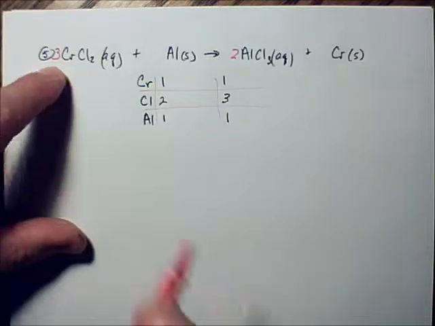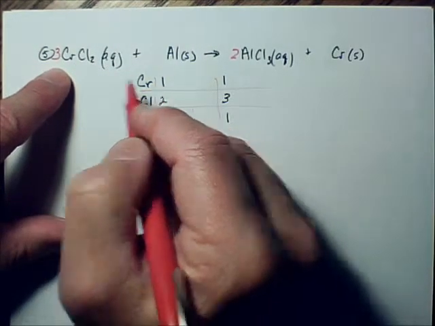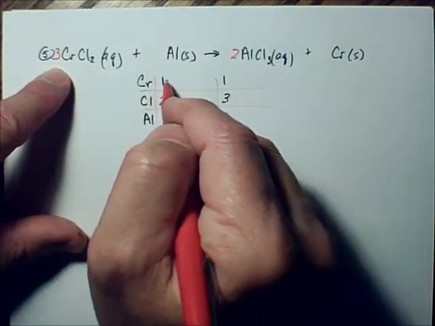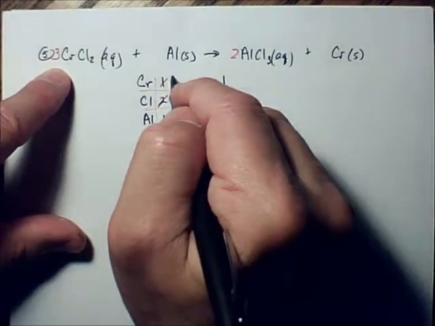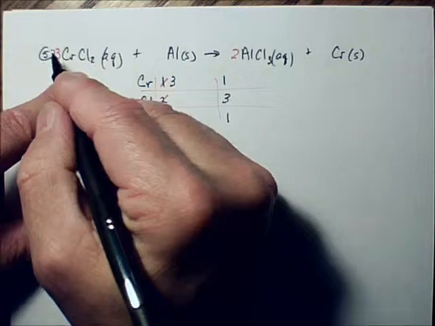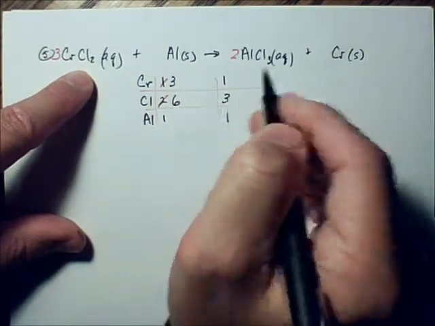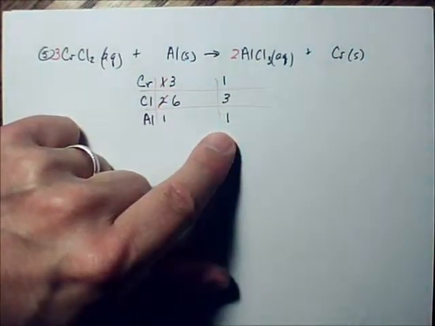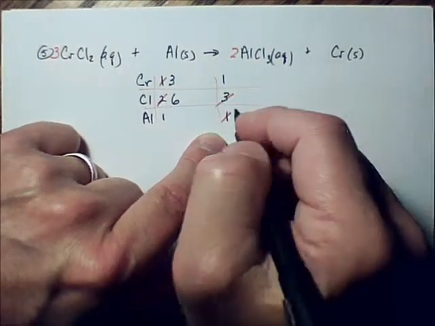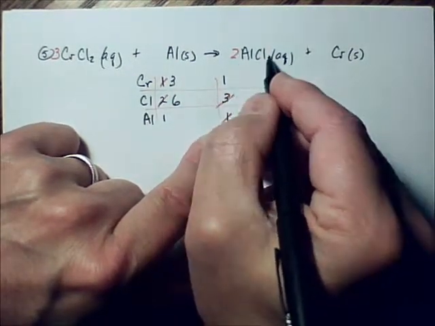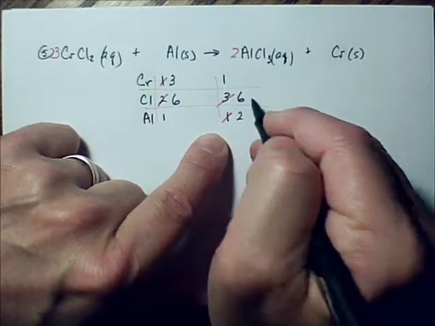All right, let's go back and recount the chromiums and the chlorines on this side. So chromiums and chlorines are going to change. I now have 3 chromiums, and I have 3 times 2, or 6 chlorines. Let's change the aluminums and chlorines on this side. So now I have 2 aluminums, and 2 times the 3 chlorines, or 6 chlorines.